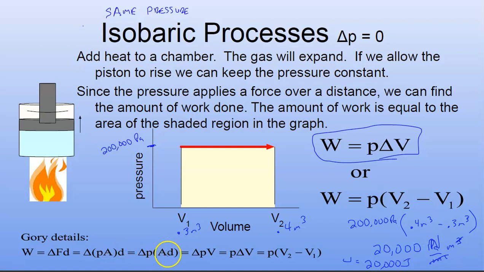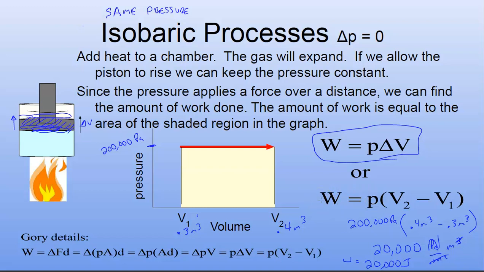And area times the distance, the area of the bottom of this cylinder where the pressure is pushing, times the distance that I move it, would be this volume between the old bottom of the piston and the new bottom of the piston. That's that delta V right there, that added volume from moving the thing up. And that's simply V2 minus V1. Either one of those that you like is fine. It works both ways.